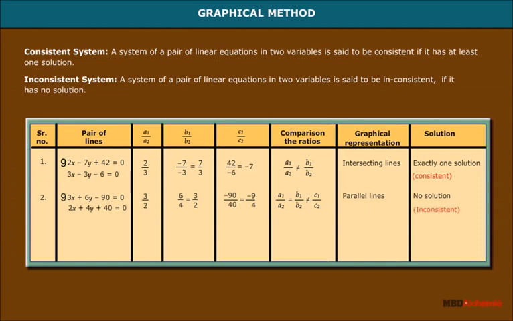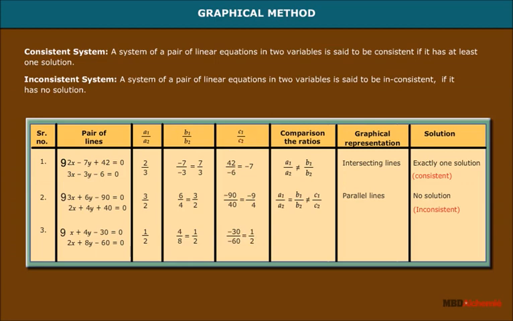Hence, the system is inconsistent. Third pair of equations is x + 4y − 30 = 0, 2x + 8y − 60 = 0, in which 1/2 is the value of a1/a2, 4/8 or 1/2 is the value of b1/b2, and −30/−60 or 1/2 is the value of c1/c2.